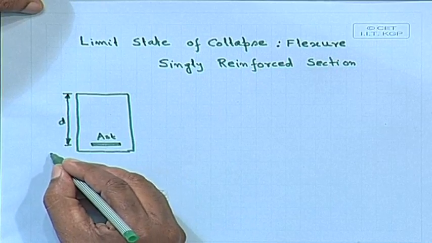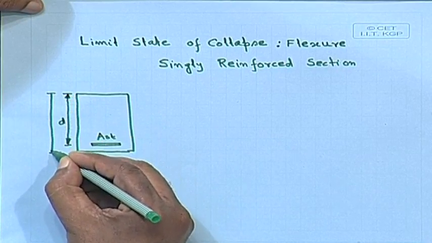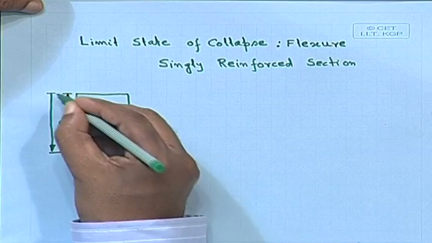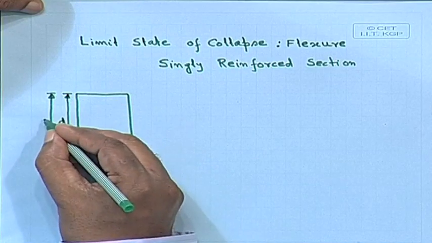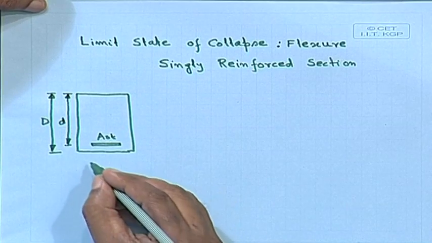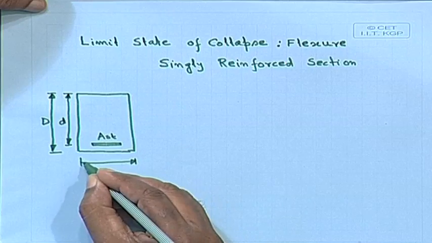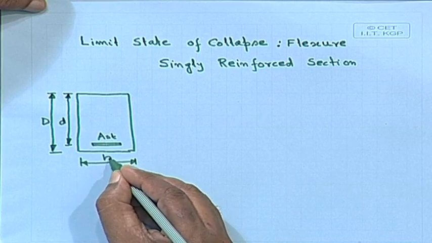Though we do not need capital D right now, let us write it down for completeness, this is your capital D. We have the width of the beam, small b.